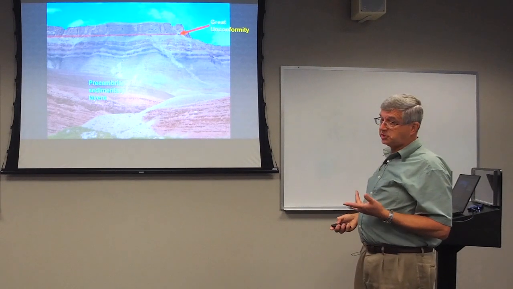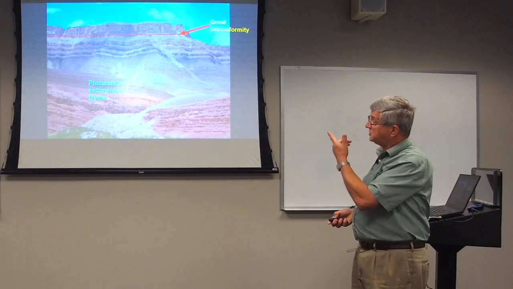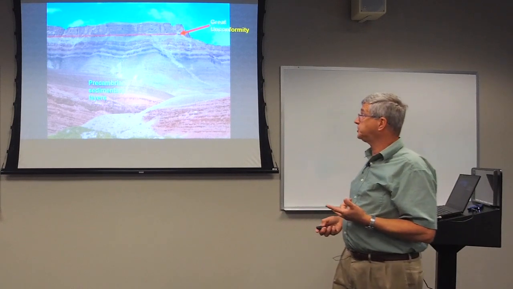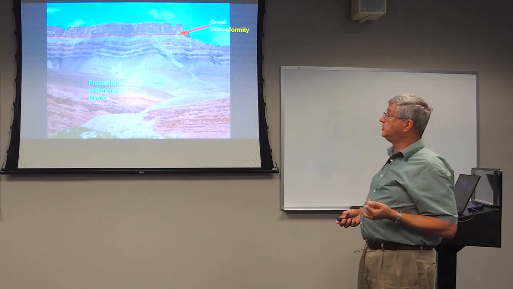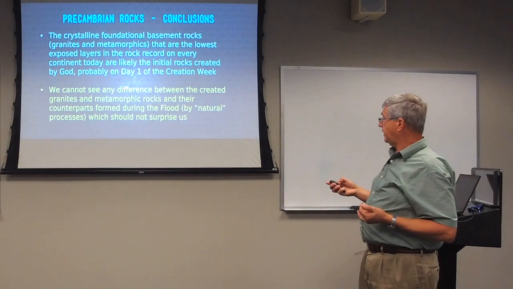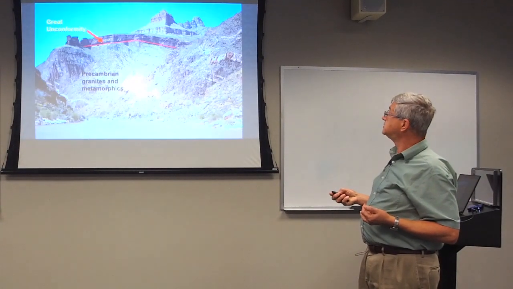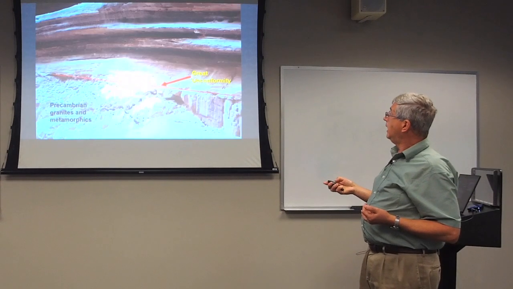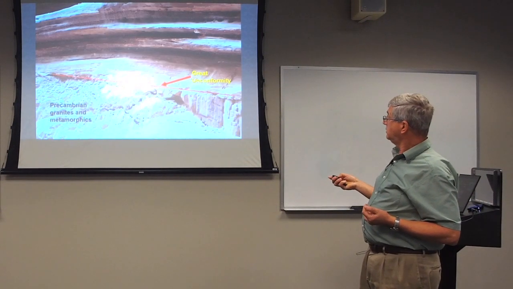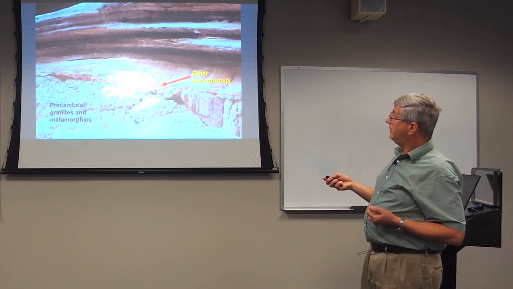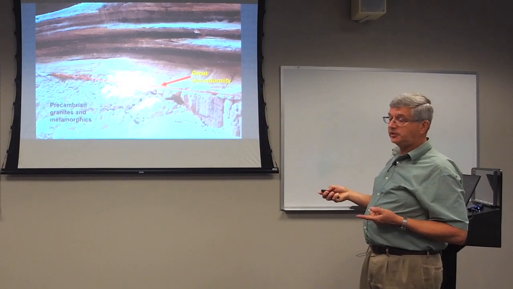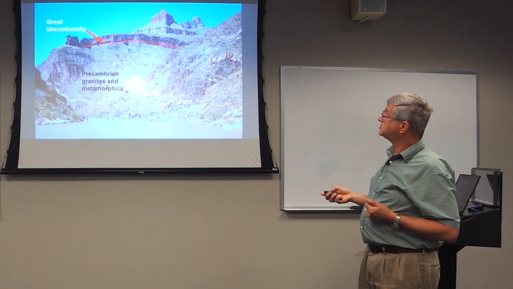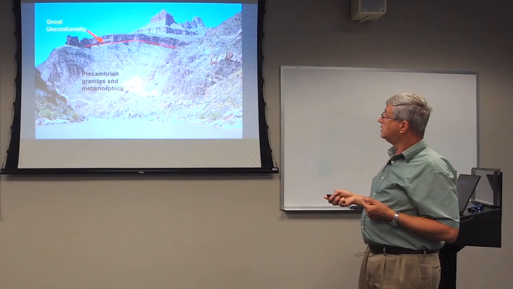And here again, just to show you these rocks, there's those Precambrian sedimentary layers that may represent part of that great regression on day 3 and moving up into the pre-flood era, and the great unconformity above that. Here again, we can see the great unconformity of the flood. They actually eroded down to these core rocks, these Precambrian granites and metamorphics. Again, the same here.